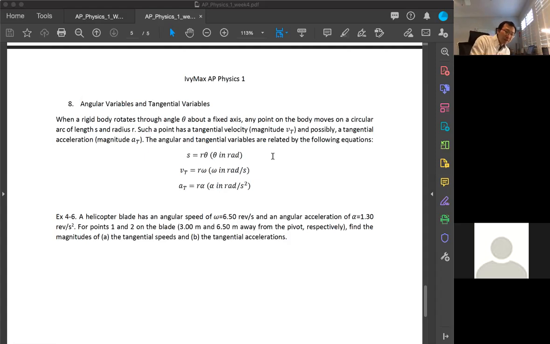What is the first one? You should have learned that in geometry. It's just arc length: S is the length, the displacement on the arc. Think about that case.